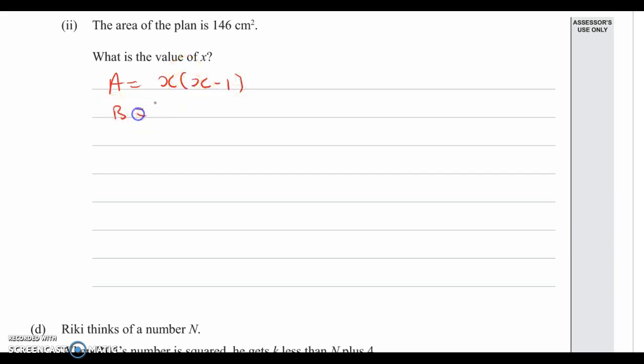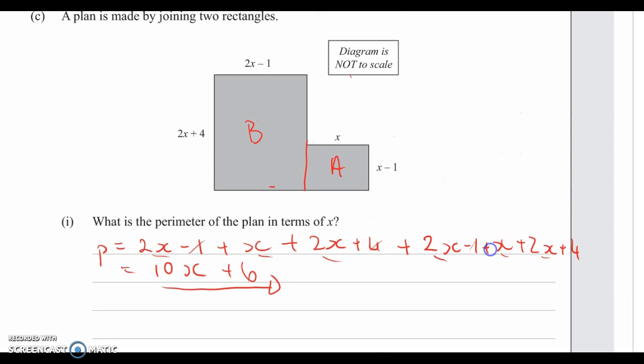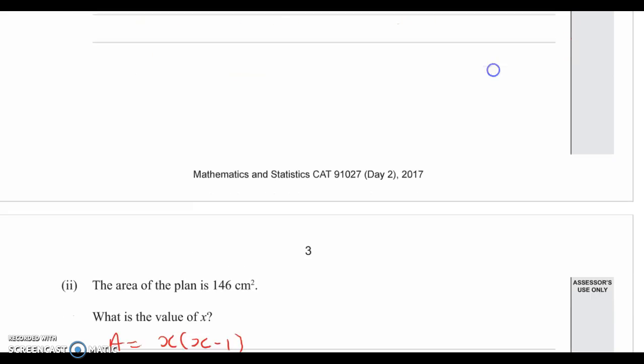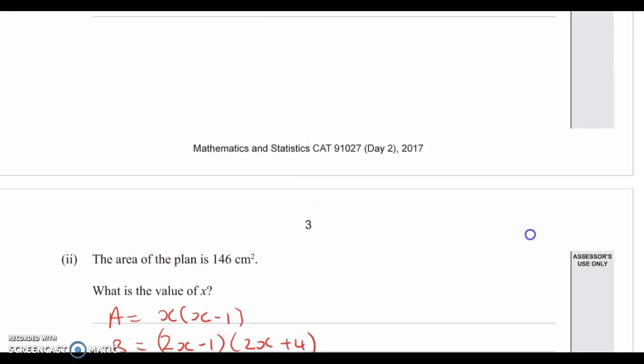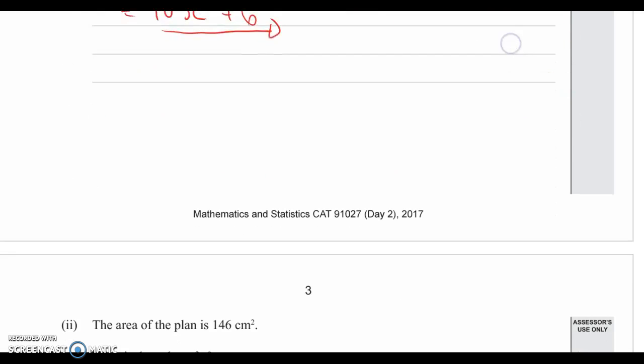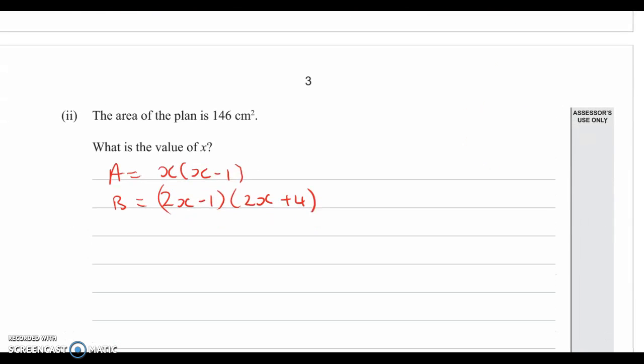And the area of B is 2x minus 1 times 2x plus 4. Let's check, was that a plus? Yeah. Okay. So the total area would be A plus B equals 146 centimeters squared.